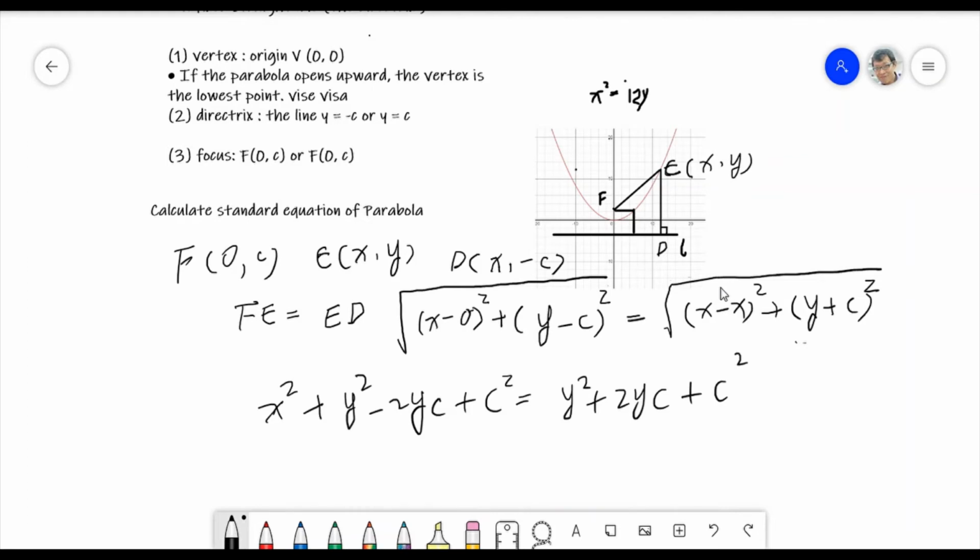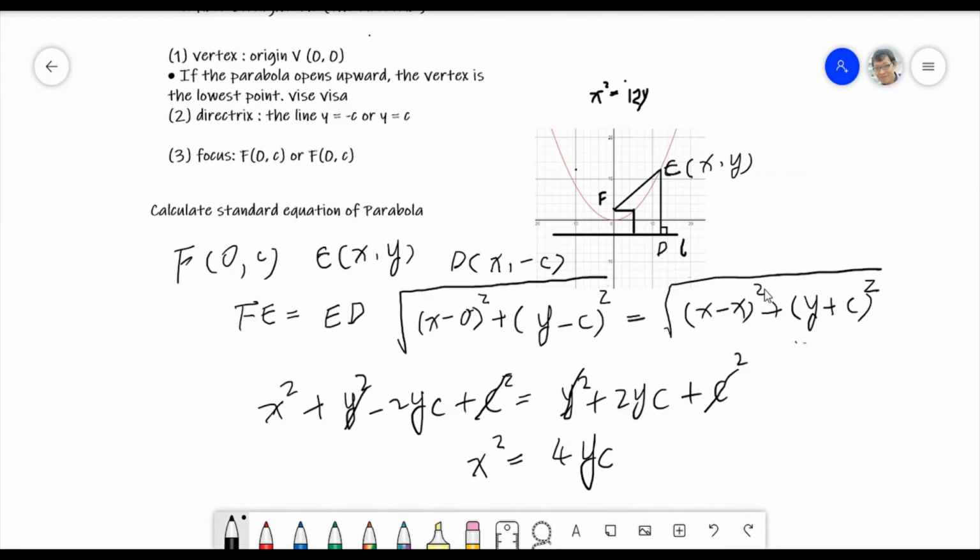Okay, let's remove the equal items on both sides. We can remove c square, we can remove c square, right? y square also can remove, y square. And negative 2yc can move to the right side, right? So we can write as x square equals to 4yc.